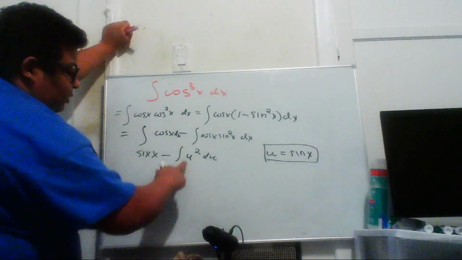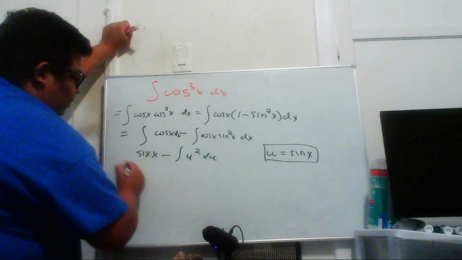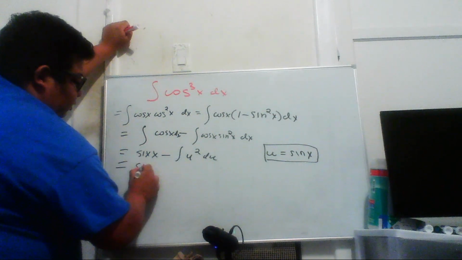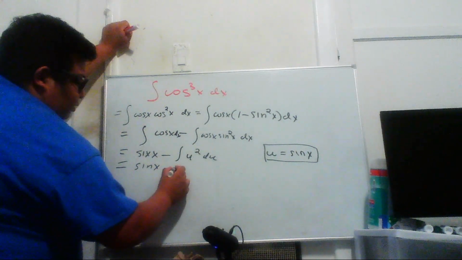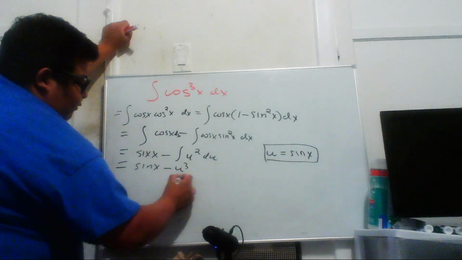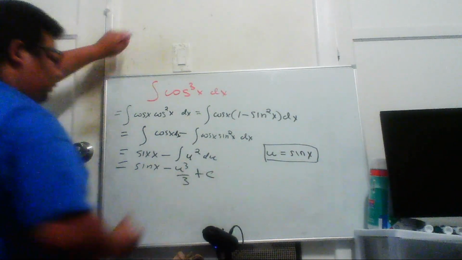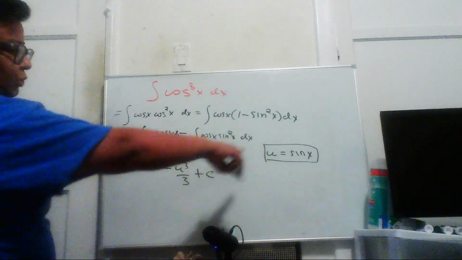Then I'm going to integrate this. So this is equal to sine x minus u cubed over 3 plus c. And what is u? u equals sine x.